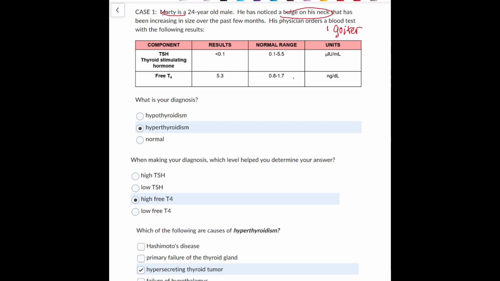The test for thyroid functioning is they take blood and then they measure the level of two hormones. They measure TSH, which is thyroid stimulating hormone, a hormone made by the anterior pituitary. The other thing it measures is free T4. Remember, the thyroid gland makes T4 and T3, which we're kind of lumping together as thyroid hormones.